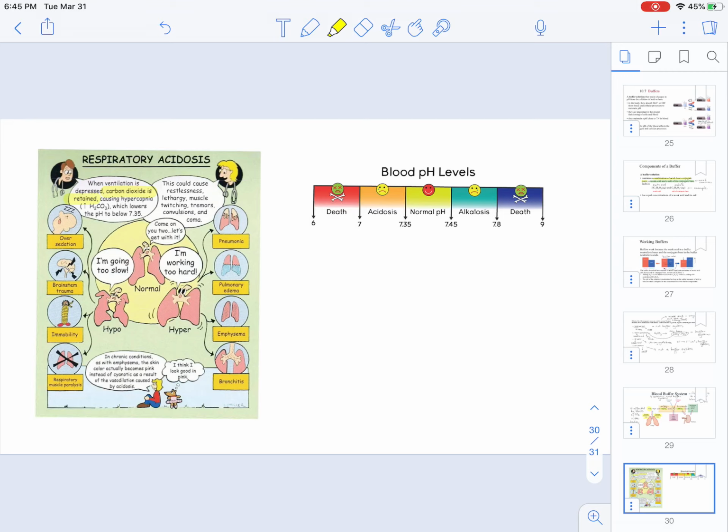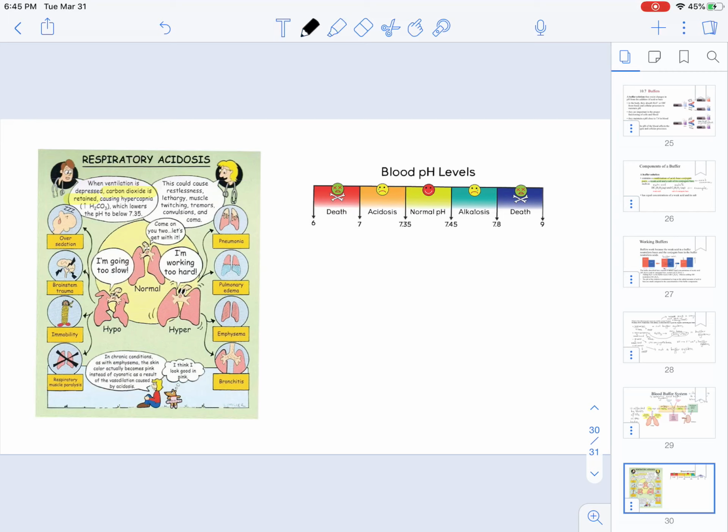That is going to cause hypercapnia, which means an increased level of H2CO3, which lowers the pH below 7.35. As you can see, this could cause restlessness, lethargy, muscle twitching, tremors, convulsions, even coma. Other conditions are in the corner of the cartoons.